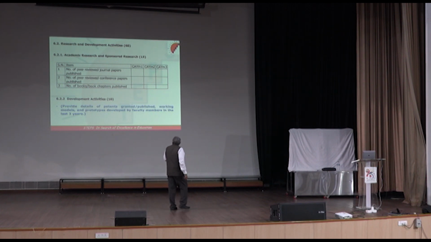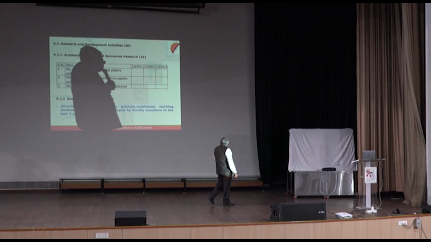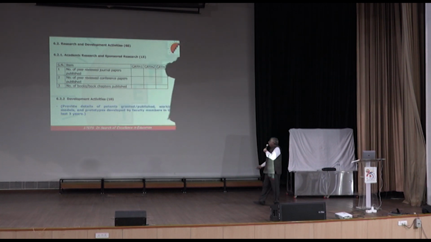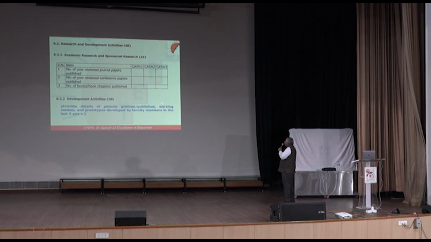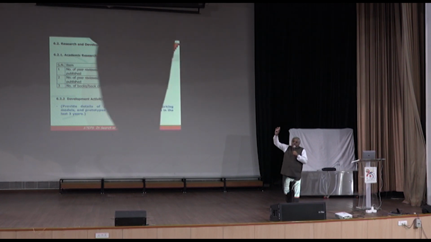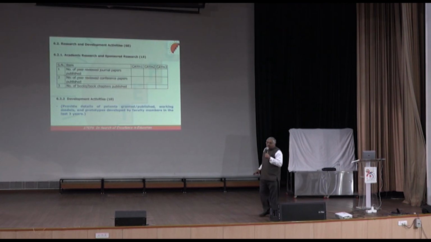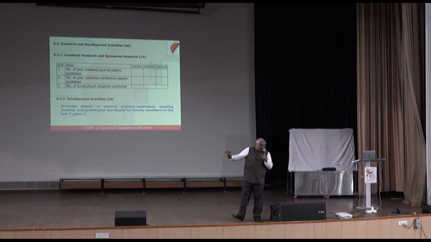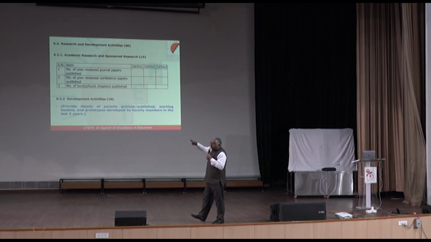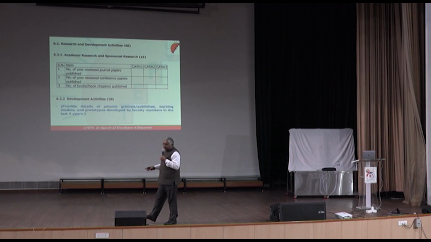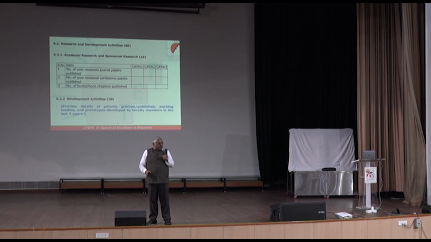Then comes development activities. So here: patents granted, published, working models, prototypes developed by faculty. We have not shown any prototypes developed by faculty in the previous accreditations. We have shown everything done by students. Till date, we have not shown anything developed by faculty.